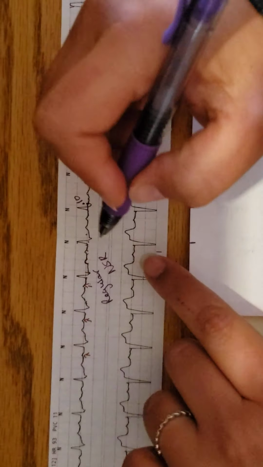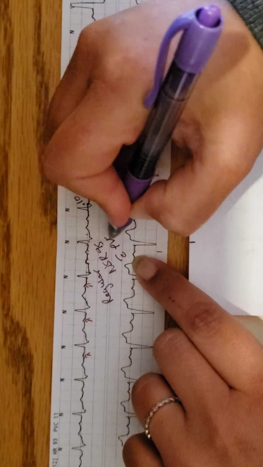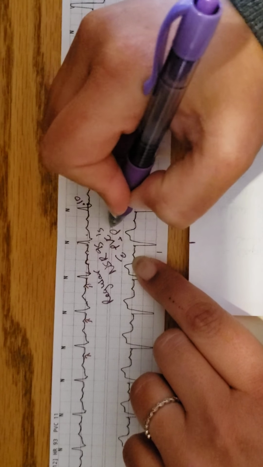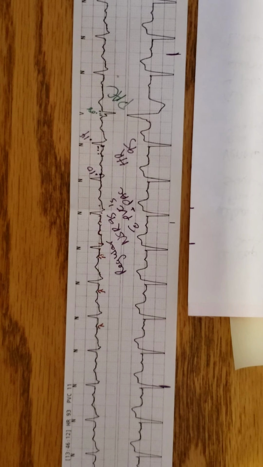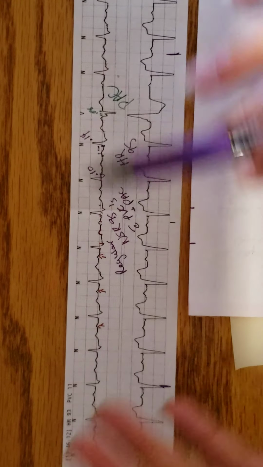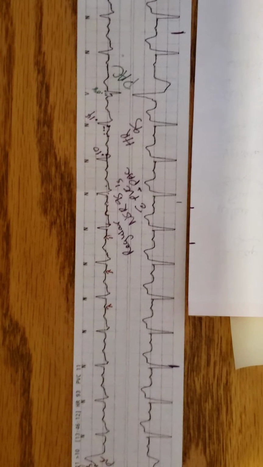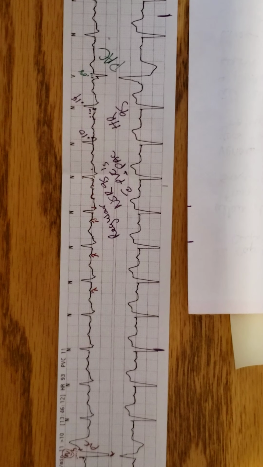So this is a normal sinus rhythm at a rate of about 95 with PVCs and PACs. Just because it has a PAC or PVC doesn't override the fact that this is what we're looking for. It just has a couplet of PVCs, a PAC.